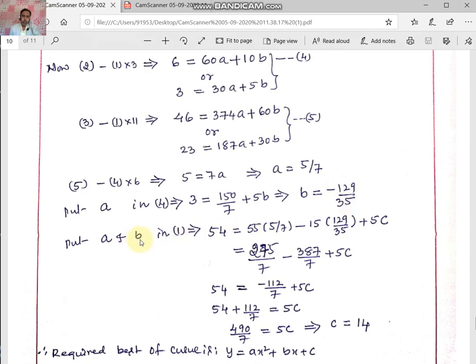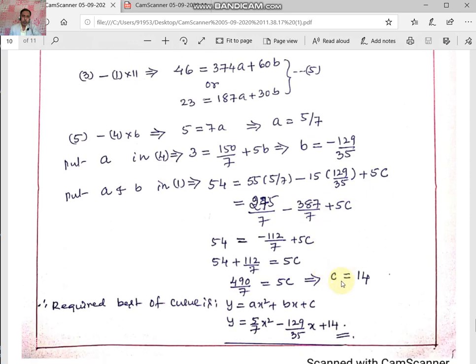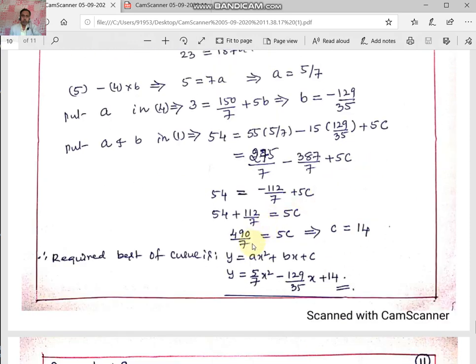And then putting a and b values in equation 1 and solving, we get c value as 14. So we got all constants a, b, c values by solving normal equations.